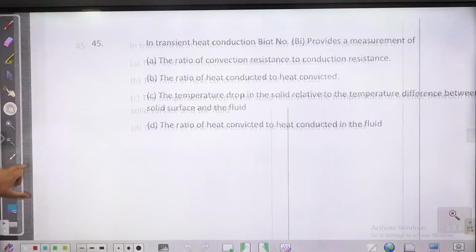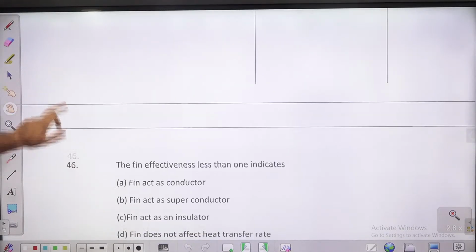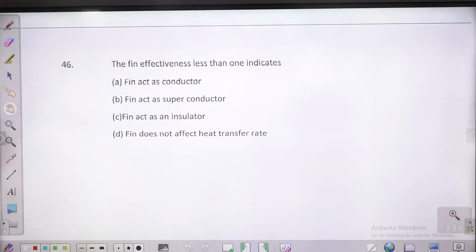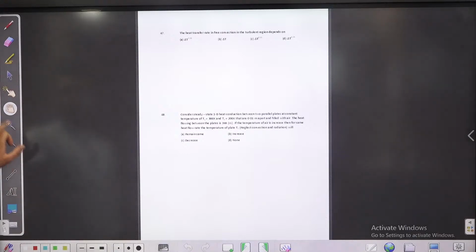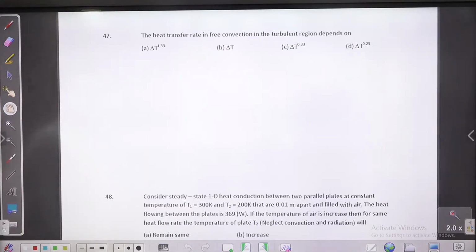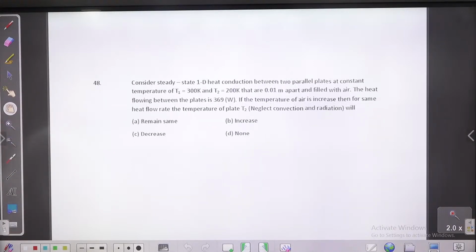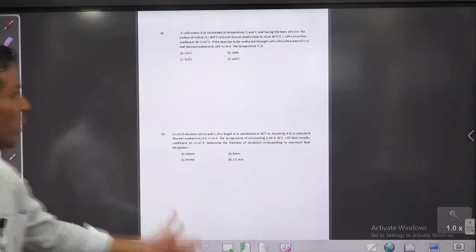This is question number 45. These are direct questions only, guys. They are not going to take much time. This is question number 46, this is question number 47, and this is question number 48. 48 is a good question.